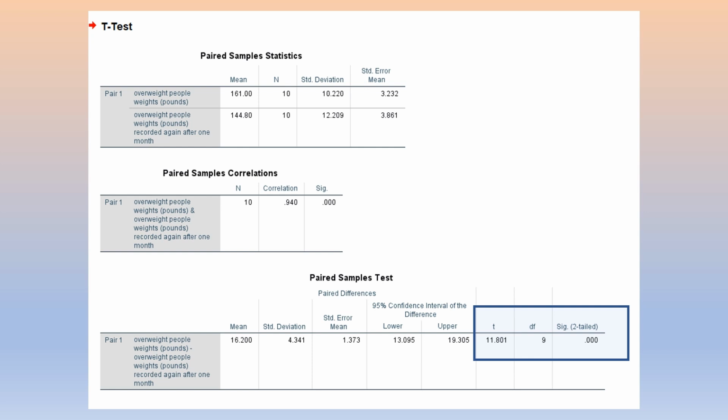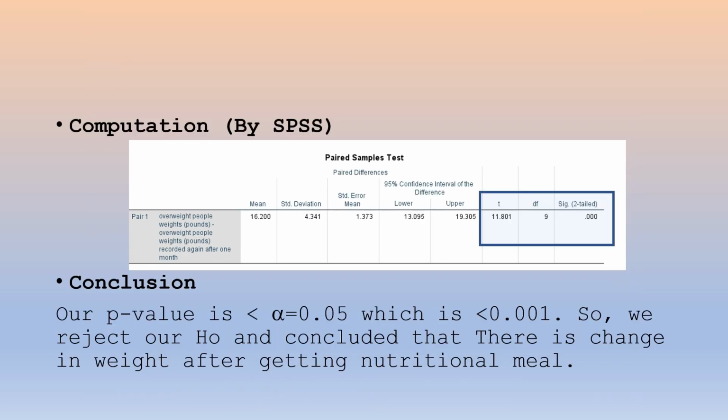The results show the t-value 11.801 and the p-value is 0.000. Conclusion: our p-value is less than 0.05, which is 0.001. So we reject our H naught and conclude that there is a change in weight after getting the nutritional meal.